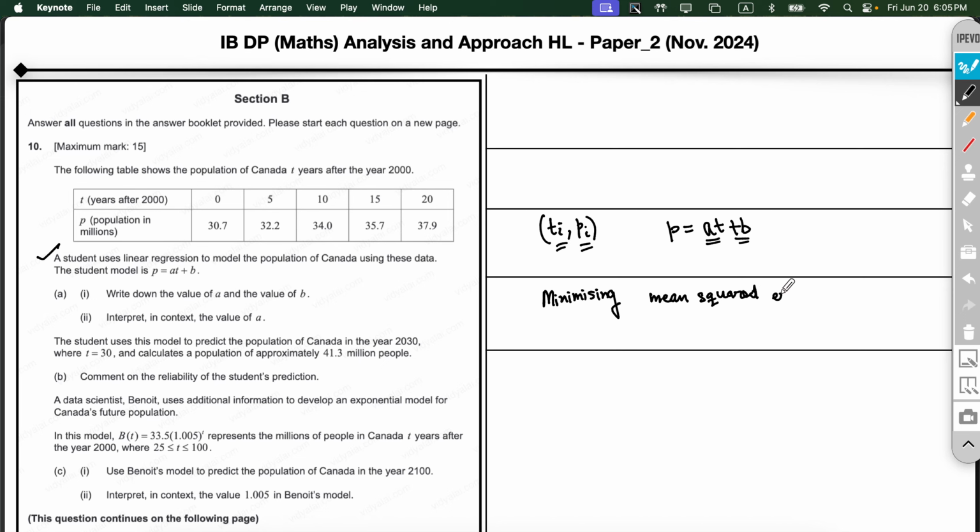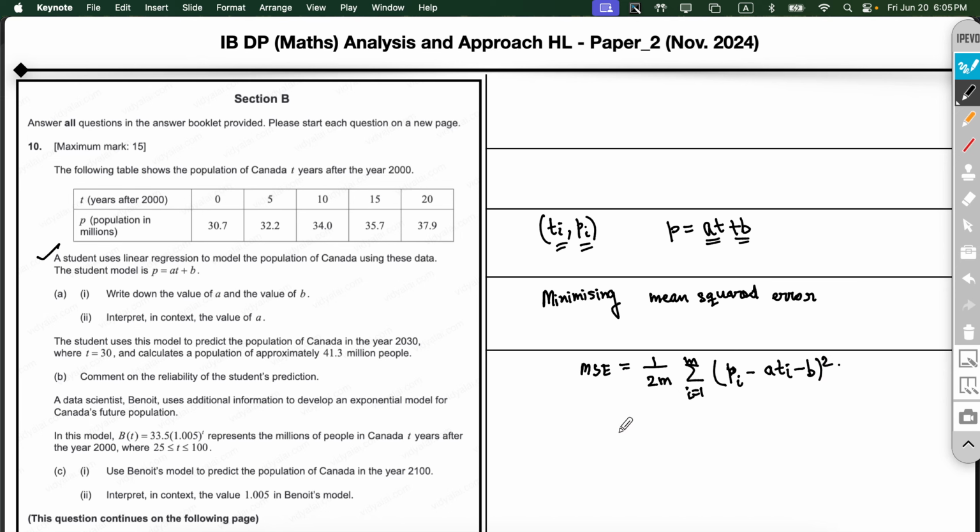The mean squared error, or MSE in short, is defined as 1 over 2 times the number of samples that you have. Then you sum over those samples and calculate the difference between the actual value of population and the model fitted value, and then square it.